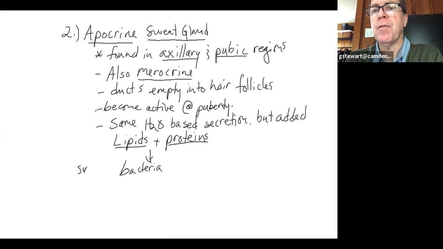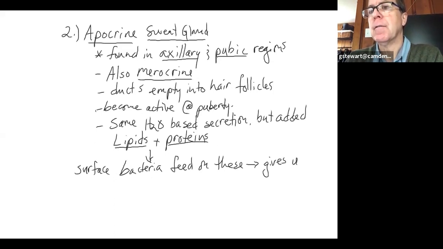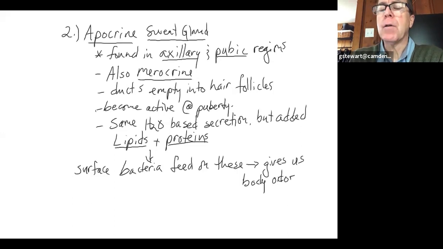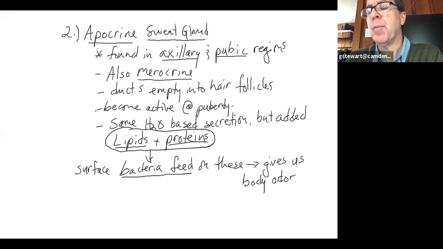So I'll write surface bacteria feed on these, and that's what gives us our body odor, the unpleasantness. So body odor comes from, first, these in the secretions, and then the bacteria feed on those lipids and proteins and produce this odor that we have.